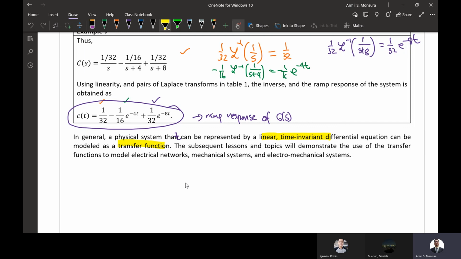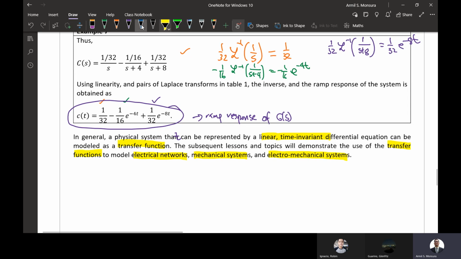Okay? Now, in the next lessons, pag-usapan sana natin, or i-demonstrate sa inyo kung paano ngayon gamitin yung transfer function, in order for us to model electrical networks, mechanical systems, and electromechanical systems.